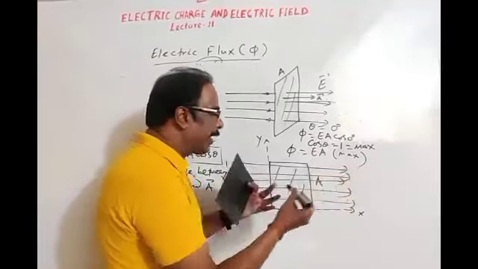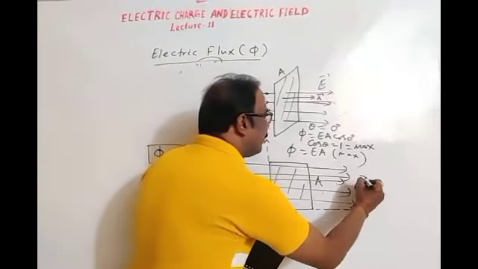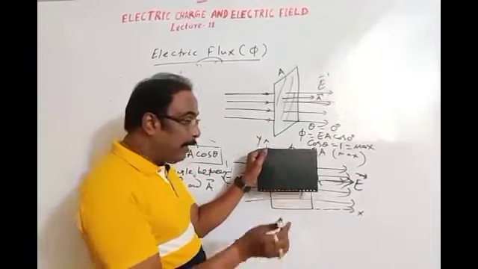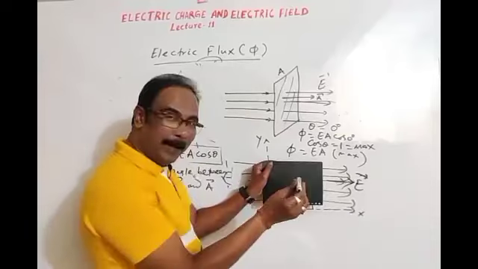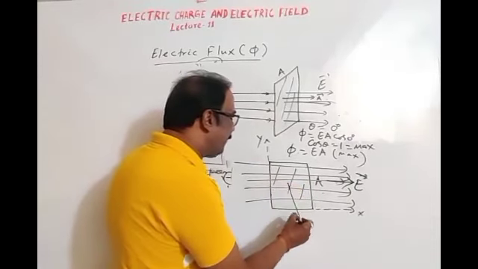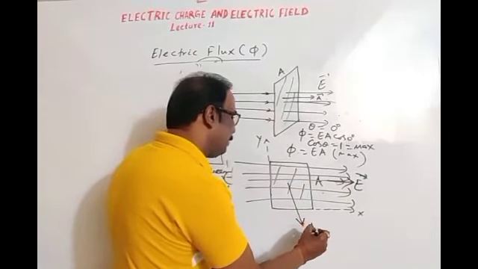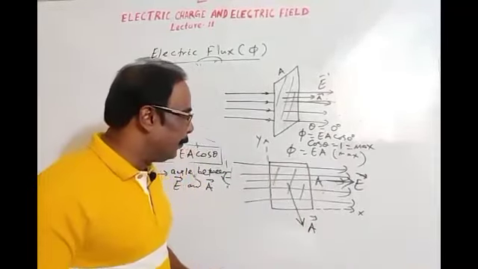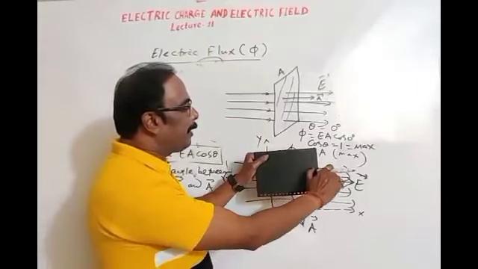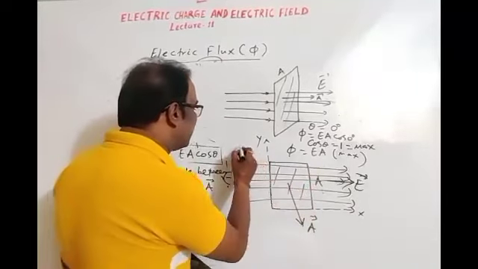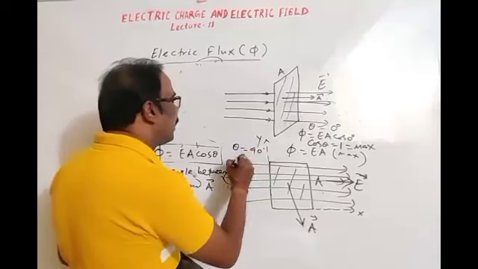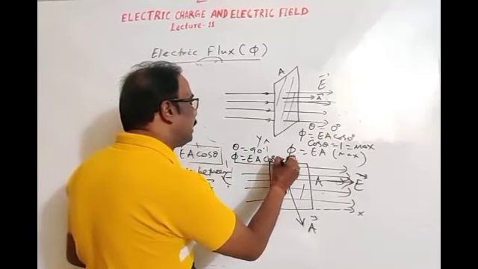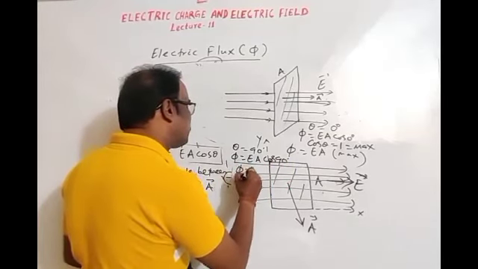This is the direction of the electric field, but the direction of the area vector is perpendicular to the plane. So this is the direction of the area vector, along the z axis. So the angle between the electric field vector and the area vector, here theta, is 90 degrees, and flux is EA cos theta, theta is 90. So flux is zero.